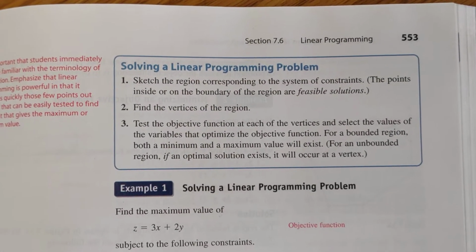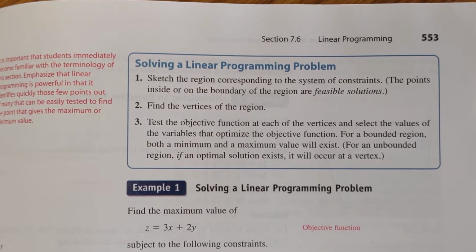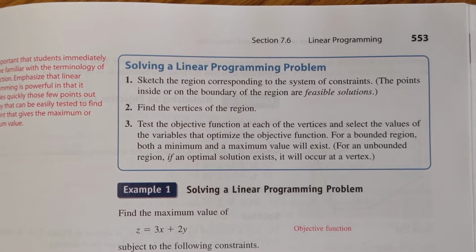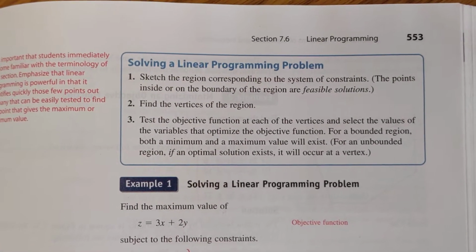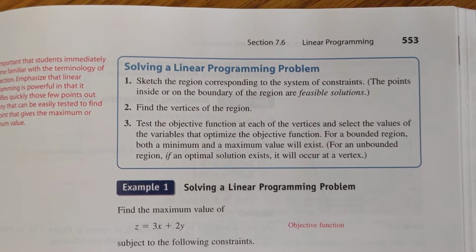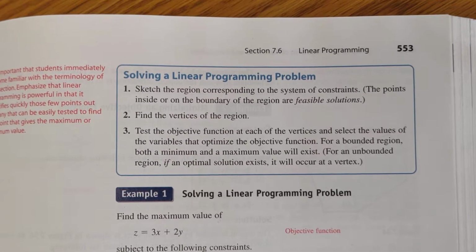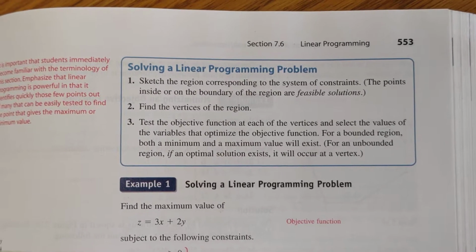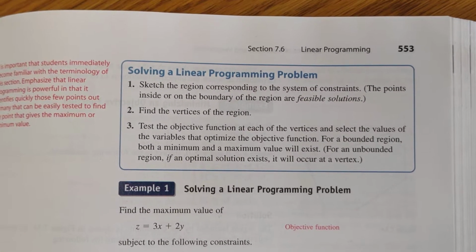The first thing that you want to do is sketch the region that is given to you by your constraints. Find the vertices of the region and then evaluate your objective function at all the vertices. The highest value will be the maximum and the lowest value will be the minimum. And that's pretty much what you need to do to solve a linear programming problem.